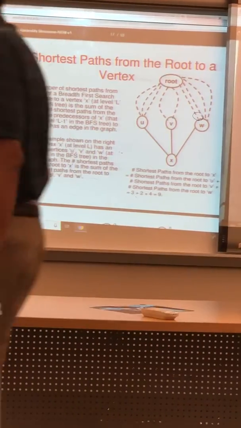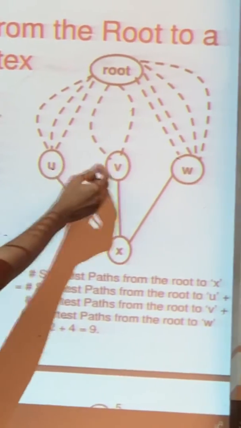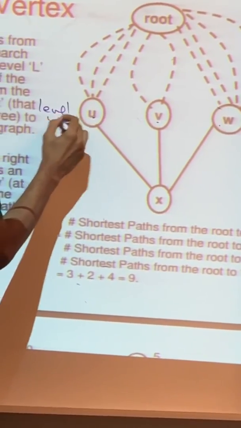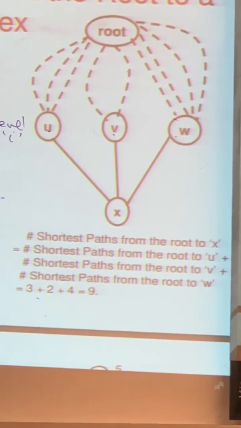Let us say you have a root, some vertex here, and you have say 3 vertices U, V, W at some level, say I. Okay? The dotted lines indicate the number of shortest paths.